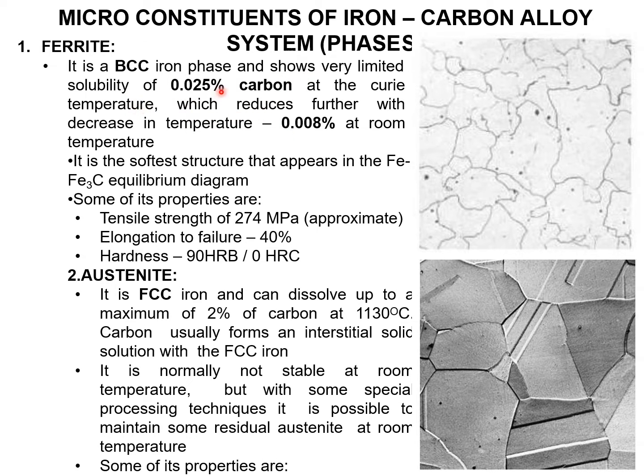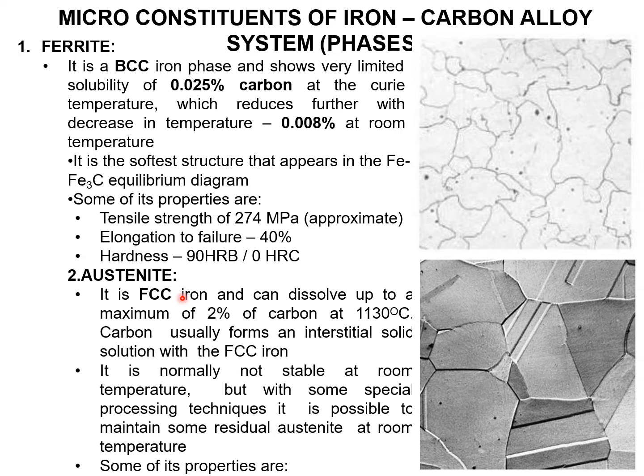At 0.025% carbon, this is the solubility limit, and then it slowly decreases; the percentage of carbon reduces from 0.025 to 0.008 percent. The properties of this material: tensile strength is 274 megapascals, elongation to failure is 40%, hardness is 90 HRB. The microstructure looks like this.